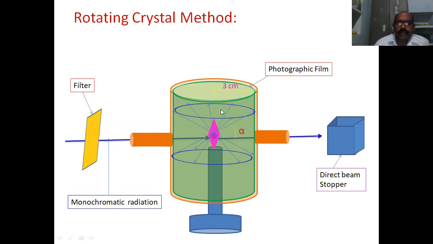Whenever the plane is vertical, that is, parallel to the axis of rotation, those planes form layer lines, and those reflections correspond to HK0, since it is parallel to the Z axis. If we call it the Z axis, all HK0 planes form layer lines.